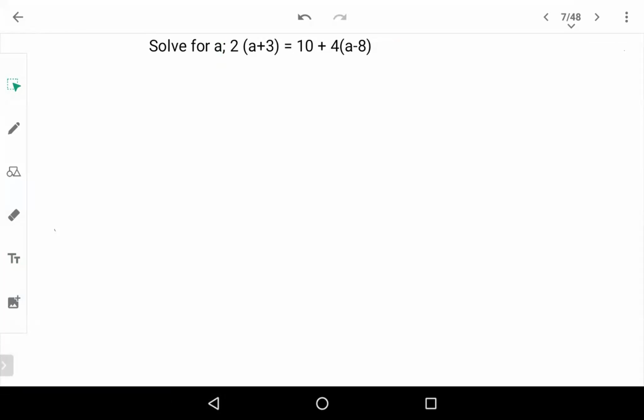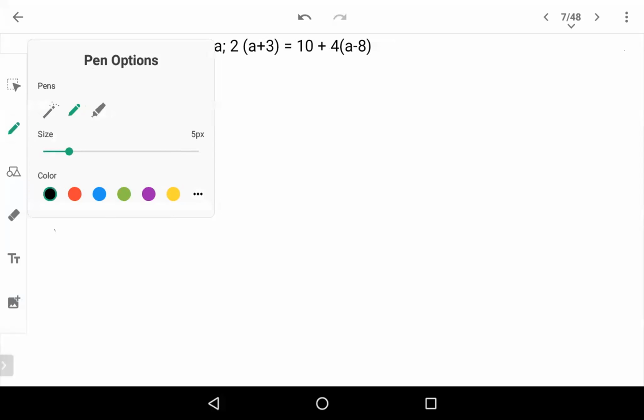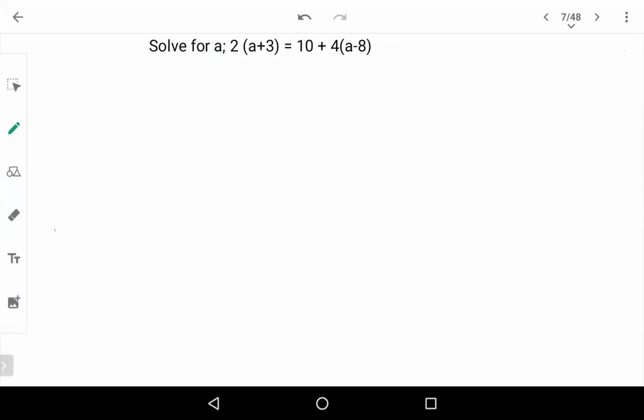Good, Anusha. Others are still solving? Okay, take your time. Good, Bindu. a is equal to 14. Harpita, Rida got the answer.